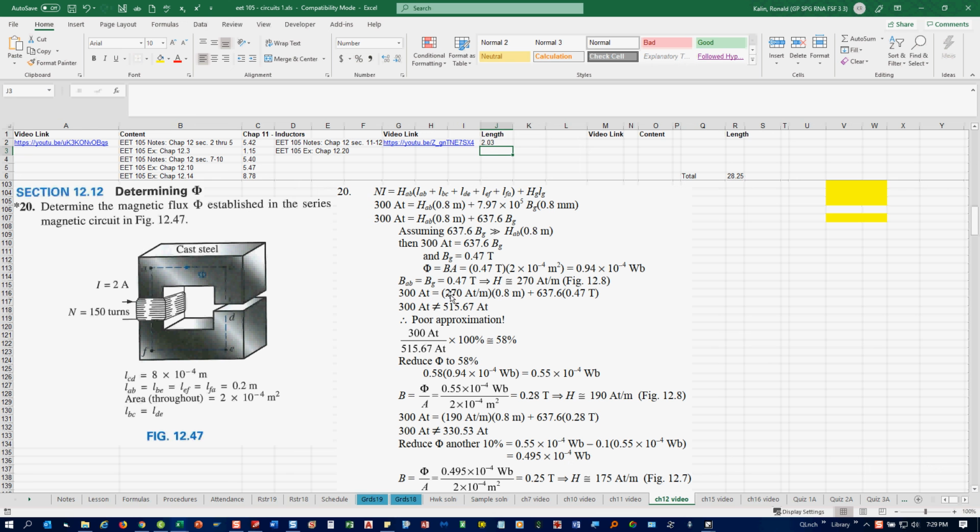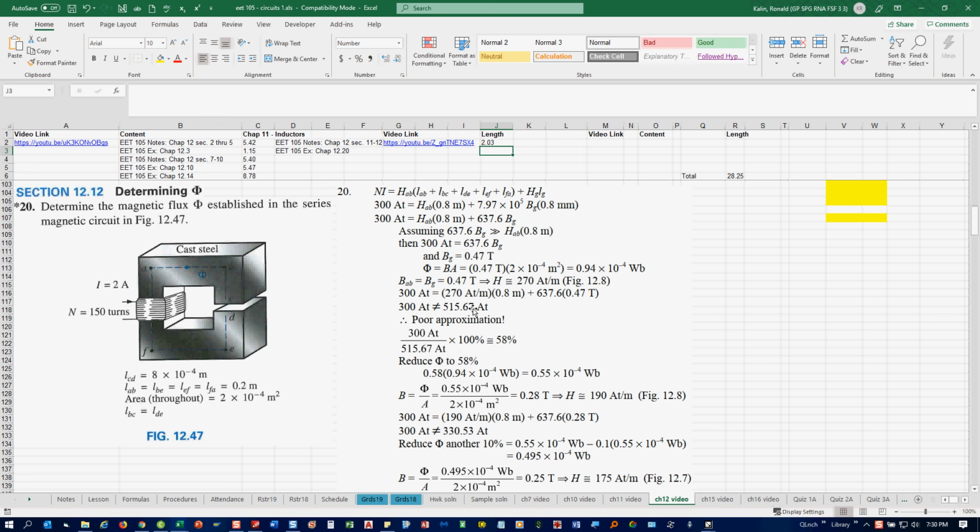So when you plug this value of H back in to your equation where you made your assumption, the original equation right here, 270 times 0.8 times 637 times 0.47, and you get, they're saying these numbers aren't close enough together.